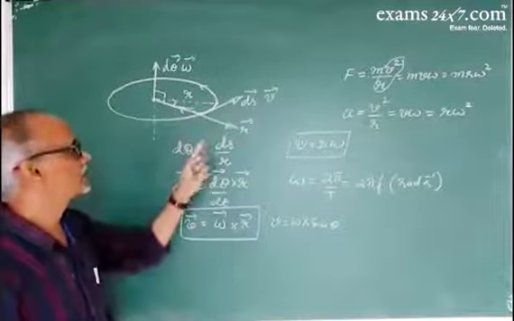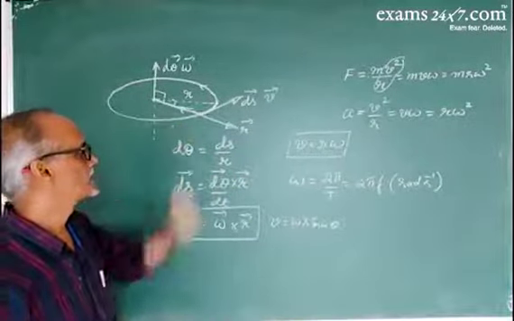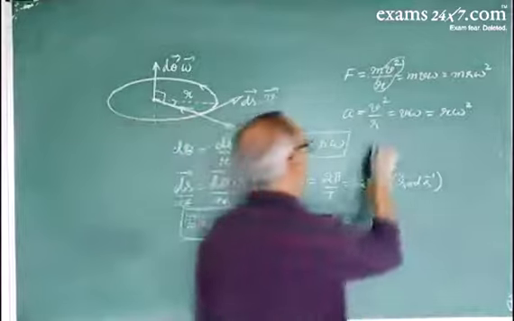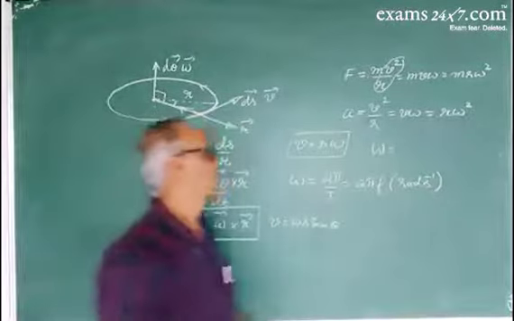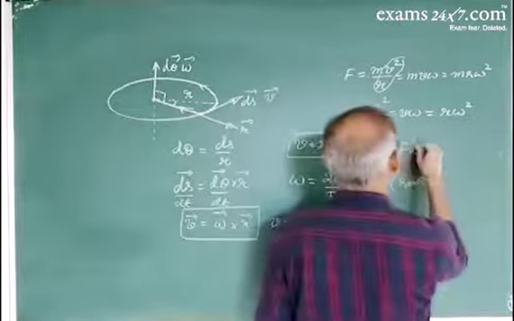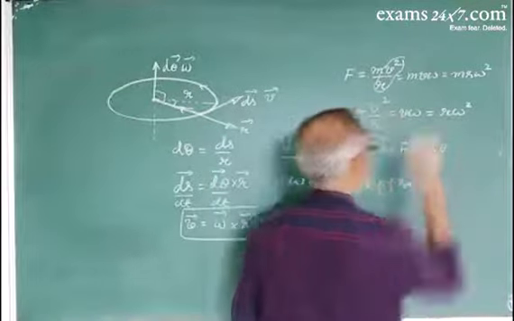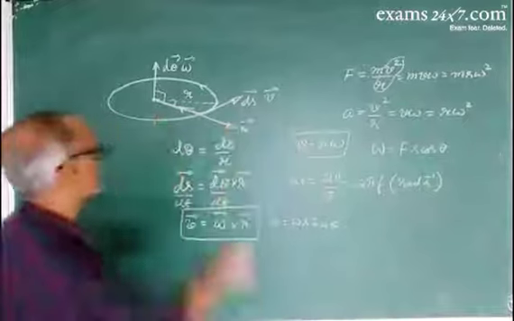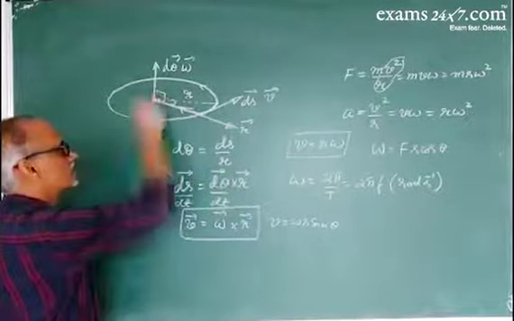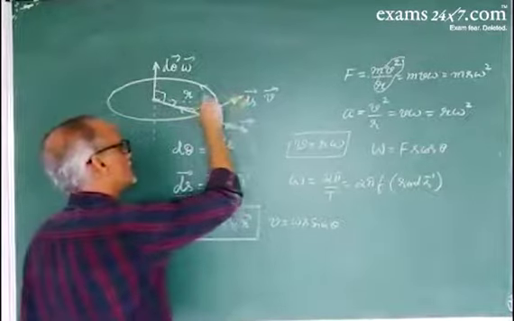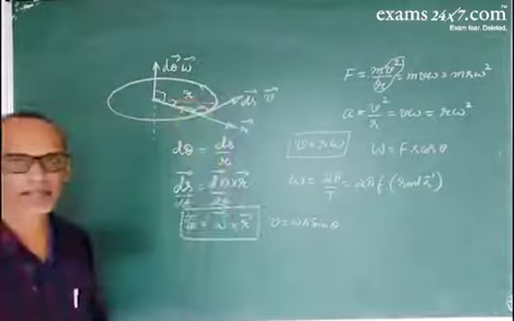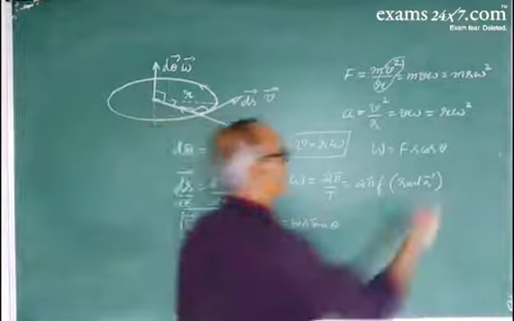So what is the work done by the centripetal force when the particle moves in the circular path? Work done is always given by the format W is equal to F s cos theta. Force is always along the radius toward the center. Displacement is along the tangent. So what is the angle between them? It's 90 degrees. Cos 90 is 0.